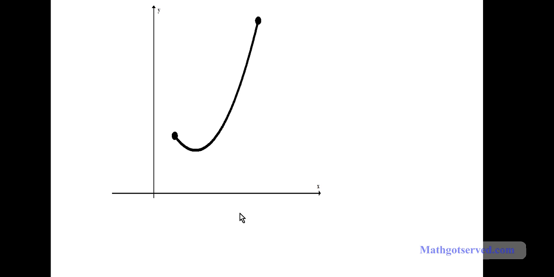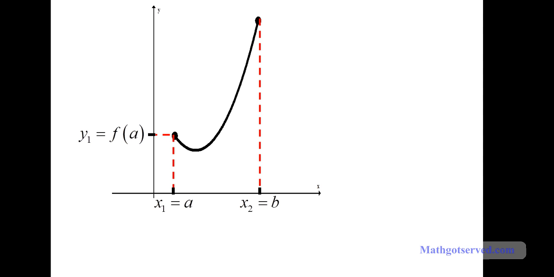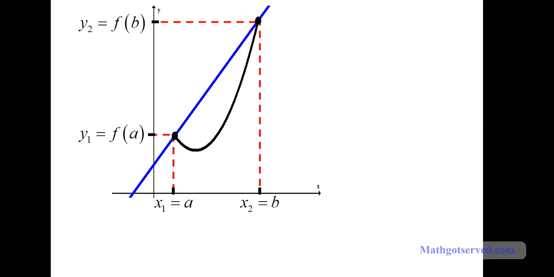Let's go ahead and put some labeling on this graph. This is the interval [a, b] that we are going to be looking at. The output when you plug in a into the function is f of a. The output for b is f of b. Now, that line that we have drawn there, the blue line, what is the name of this line?